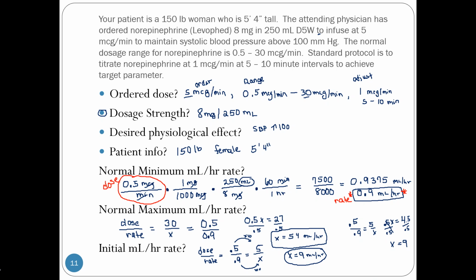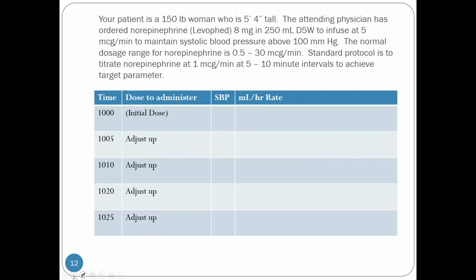So now I'll move on to the chart of values that I'm supposed to fill in as this patient has their IV meds adjusted. So in the ordered dose, the initial dose was 5, and that was micrograms per minute, no kilograms in there. Systolic blood pressure is going to be measured in our clinical setting.